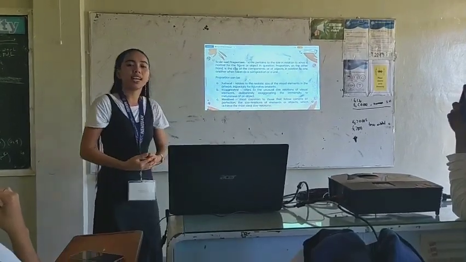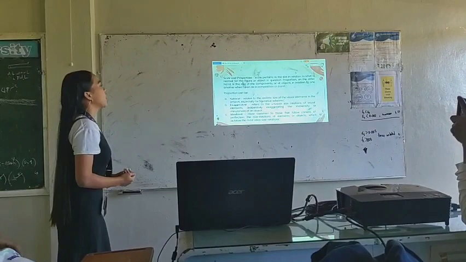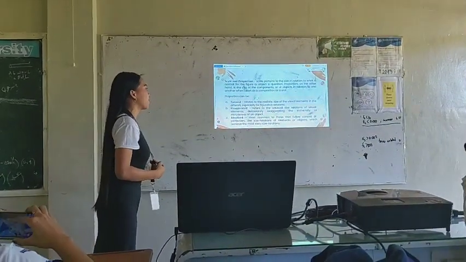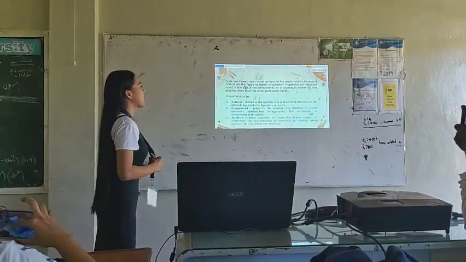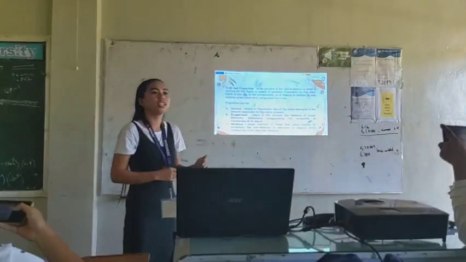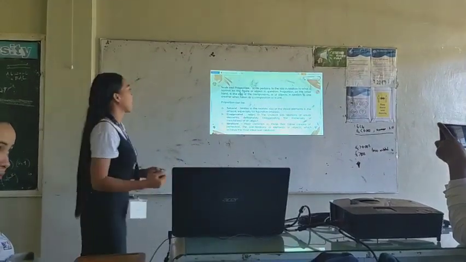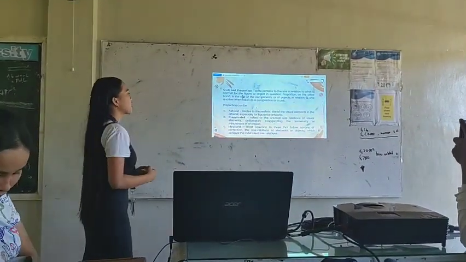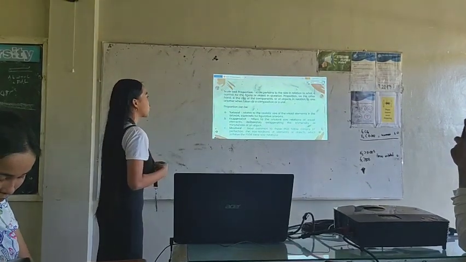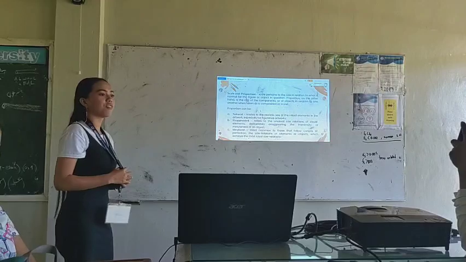So proportion can be natural, exaggerated, and idealized. Natural relates to the realistic size of the visual elements in the artwork, especially for figurative artwork. So when you say natural proportion, these artworks are figurative or relative in size. Exaggerated refers to the unusual size relations of visual elements, deliberately exaggerating the immensity or meaninglessness of an object.